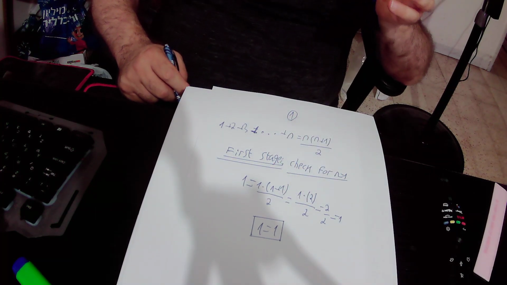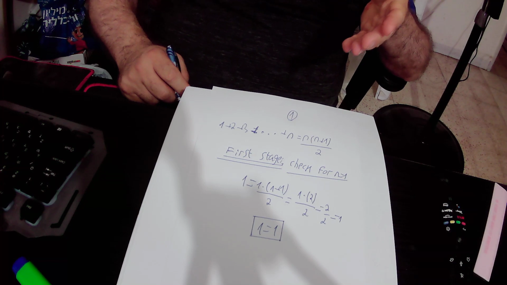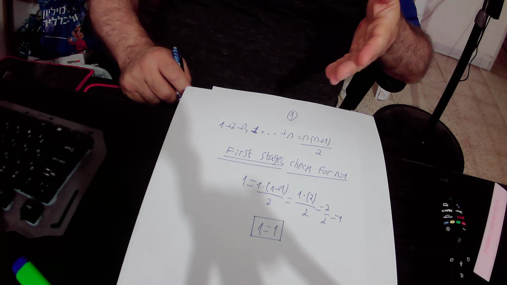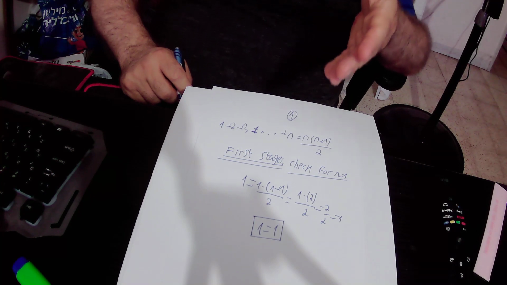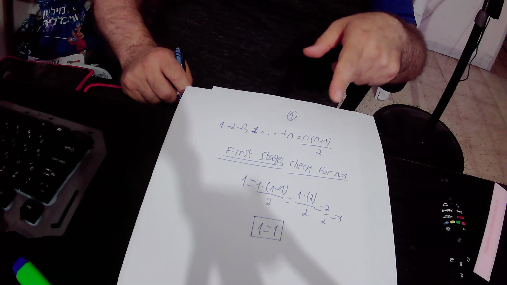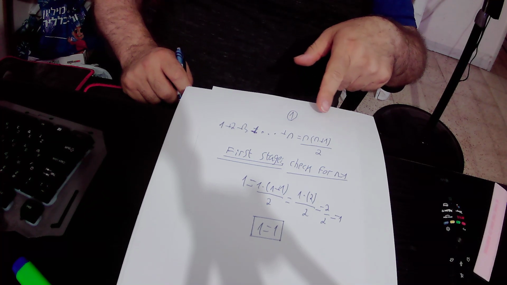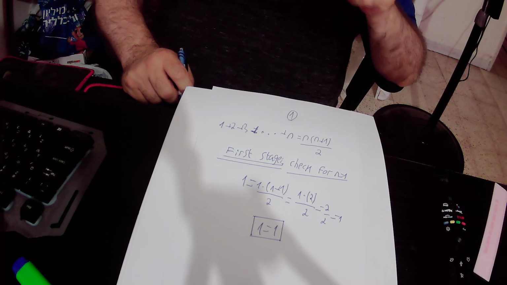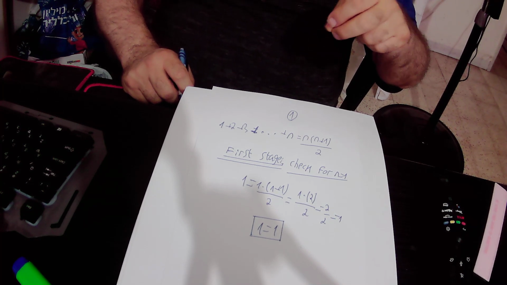So we found out that the statement indeed is true for n that equals 1 because we have here an identity. This side of the equation equals the other side of the equation, so the statement is indeed true for n that equals 1.